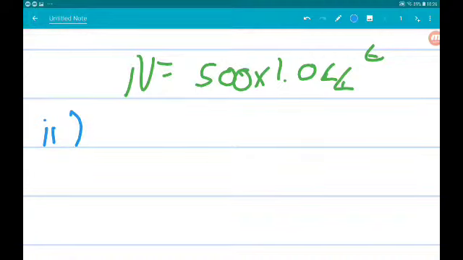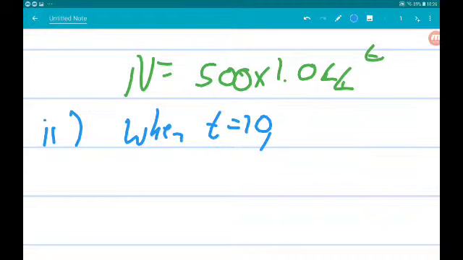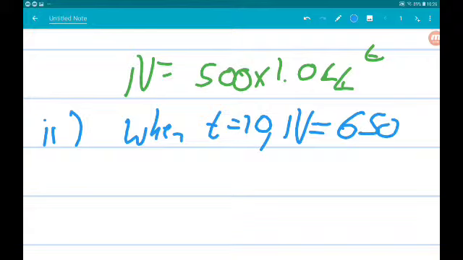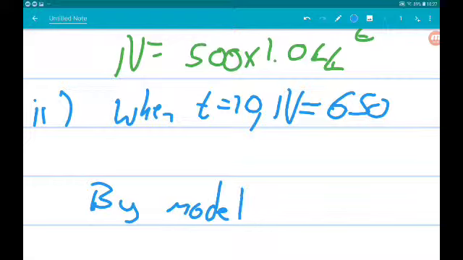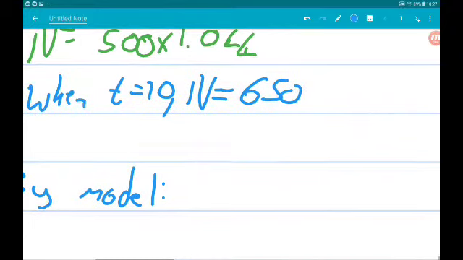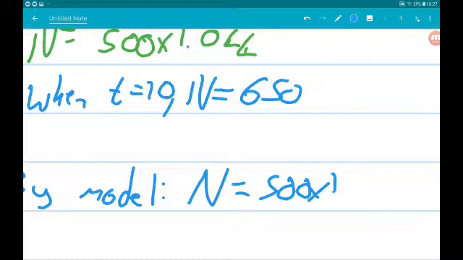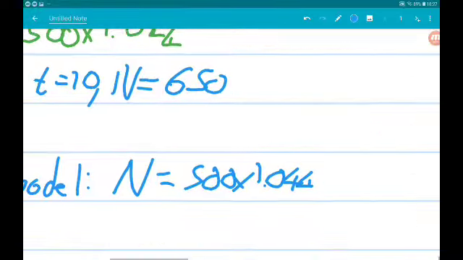Now, by the model, n is 500 times 1.044 to the power 10.